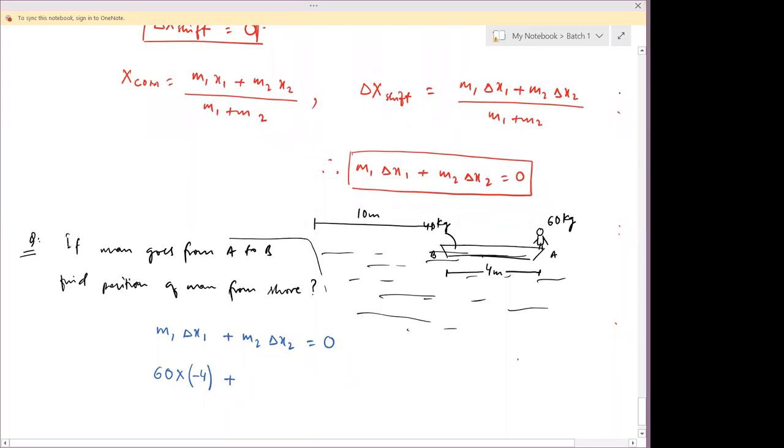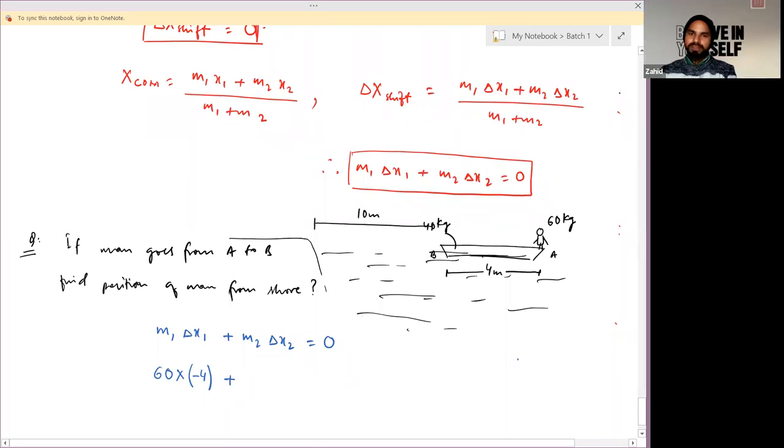Now, the boat will slightly shift towards the right. Whether the boat alone will move towards the right or it will move with the whole system combined with the man?